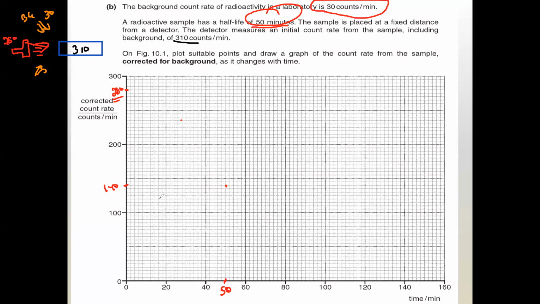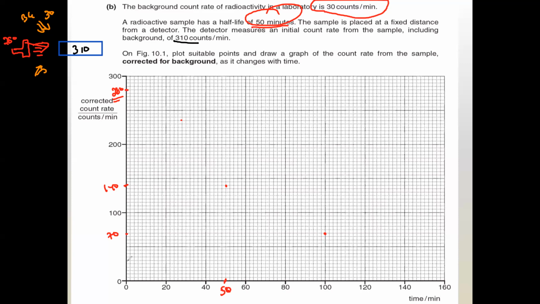Then again after another 50 minutes, because after every 50 minutes it becomes half. What is half of 140? That is 70. So 50, 60, 70. After a further 50 minutes, 50 becomes 100, and this is 70. Then after another 50, 35 will be there.